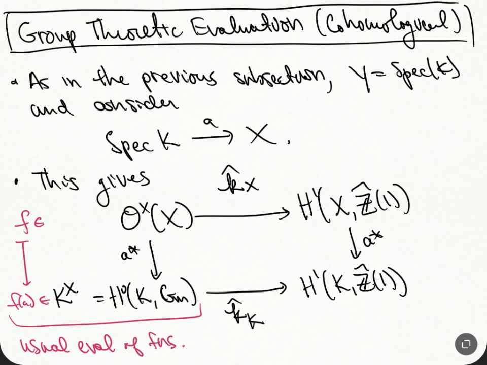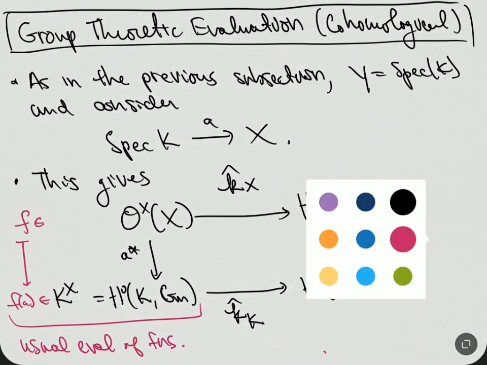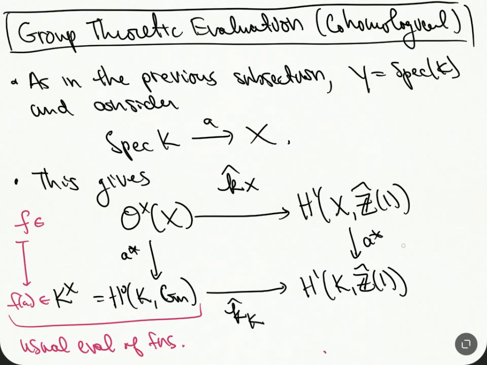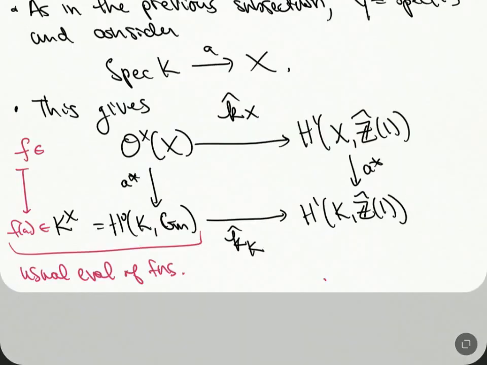Another way to think of it is that if you have a function and you restrict it to a point, that's really, scheme theoretically, like modding out by the ideal of the point, so this is really an evaluation map. And so the commutativity of this diagram says that if you take the Kummer class and then use this pullback on group cohomology, then this should be like evaluation at a point.